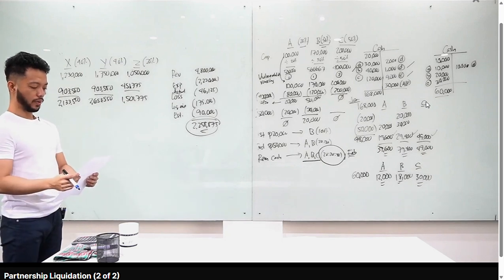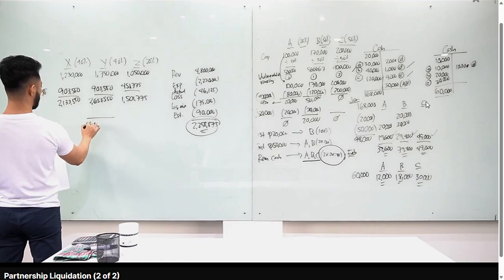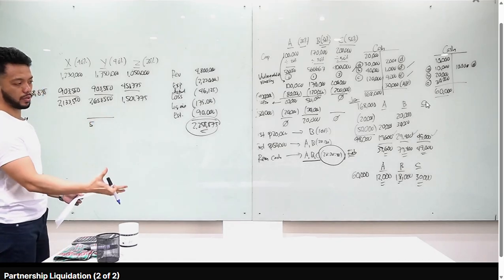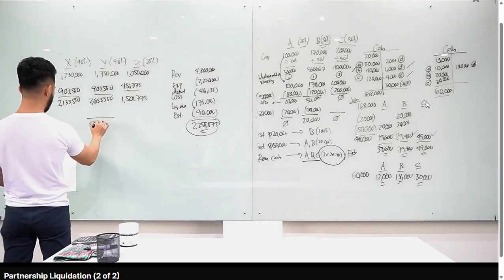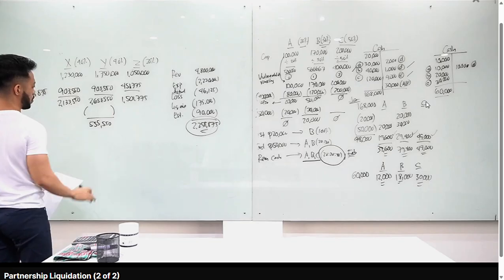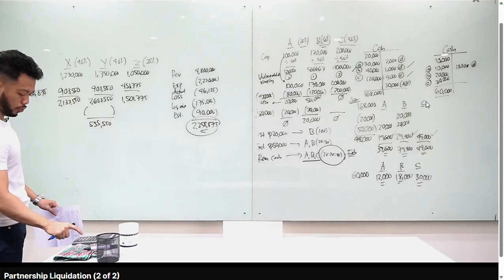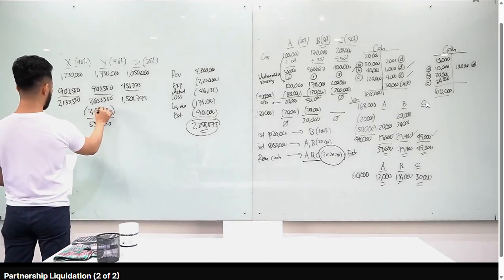Sabi dyan, what is the book value for Y to receive 555,550. Ganito gagawin ko dyan, class. Alam ko na yung cash na marireceive ng partners, equal yun sa ending capital balances nila. So, kung si Y, na-receive niya 555,550, it means yun yung ending capital balance niya. Therefore, may difference yan. 2,653,550 minus 555,550. This is 2,098,000. Class, ano yung 2,098,000?